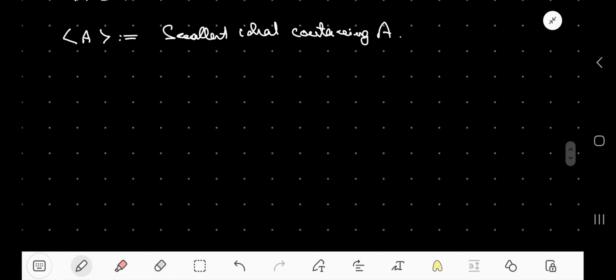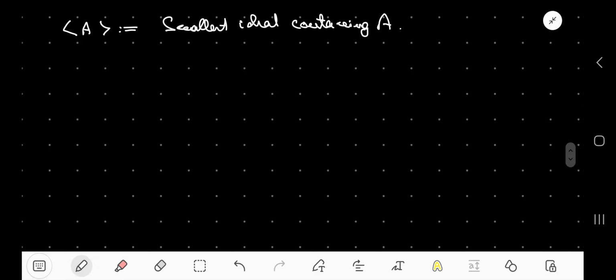To give a structure to this, what we typically do is try to construct how the elements should look.